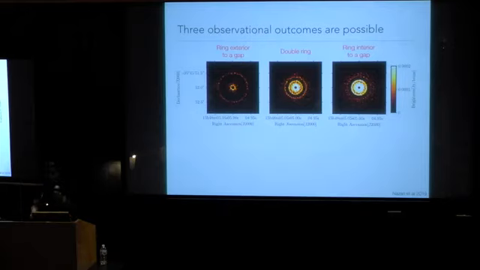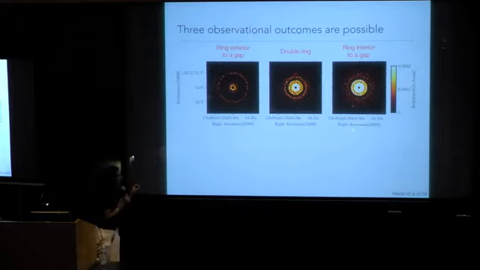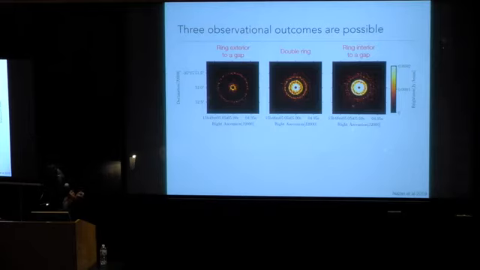So we took these simulations one step further to try and understand whether we could actually observe a migrating planet. And this is some excellent work done by an undergraduate student in Cambridge, where she shows that there are 3 outcomes.